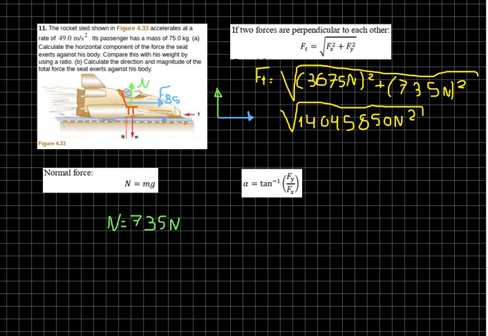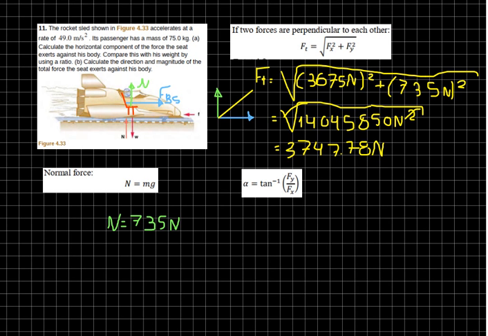And the square root of all of that is going to be 3,747.78 newtons. Don't forget that we can cancel here the squared with the square root. So that's the magnitude of the total force, which, by the way, will go to some place over here, okay?